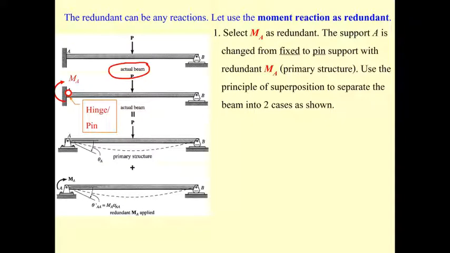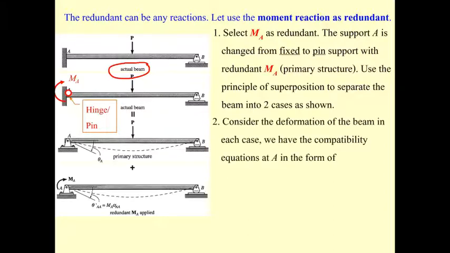Okay, and now we're going to set up the compatibility condition, but this time the compatibility condition is going to be set at point A. What we have is this one going to have theta equal to 0, because the moment reaction here prevents it from rotation.